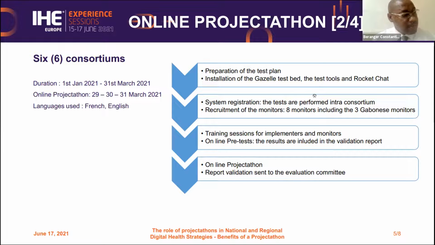We have 6 consortia. The duration, as you can see in this slide, of this event starts on 1st January 2021 and ends at the end of March 2021.